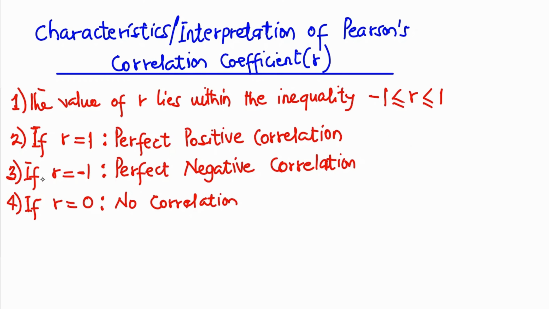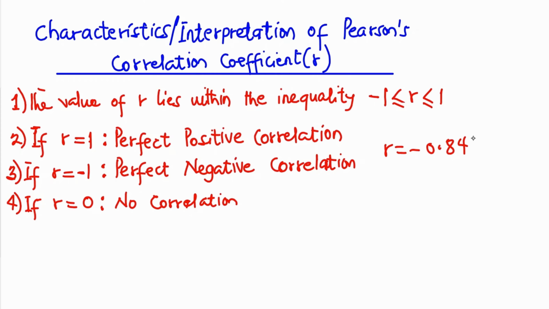We continue with the third interpretation, which says that if R is equal to -1, then we can term that R value a perfect negative correlation. In other words, when R gets closer to a value that approaches -1, we can also term it a perfect negative correlation.